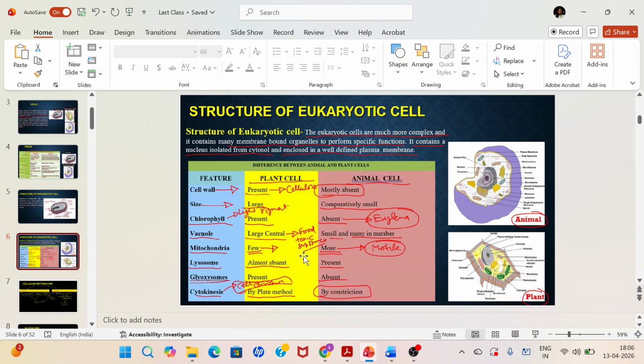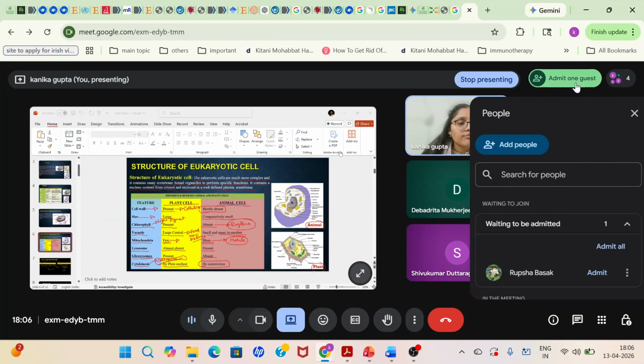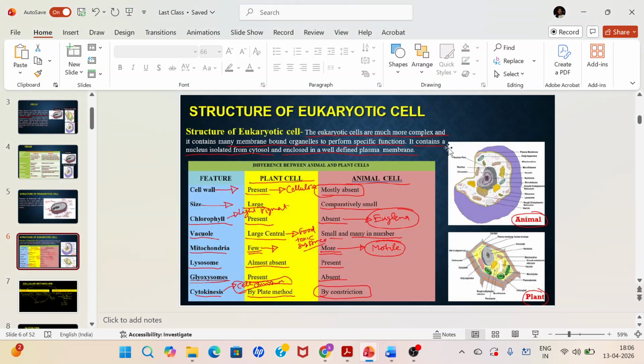If we go by the structure, eukaryotic cells, as I told you, are much more complex than prokaryotic cells, and they are again divided into two types: animal cells and plant cells. Plant cells have a cell wall, while in animal cells it is mostly absent. The size of a plant cell is larger compared to animal cells.